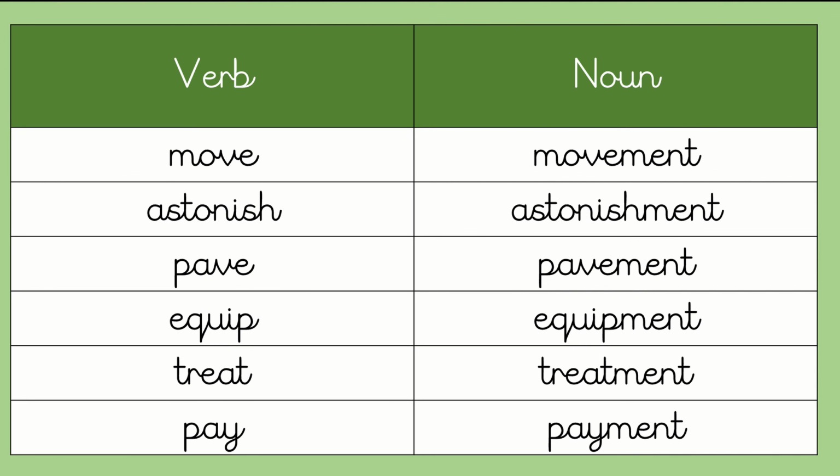Treat is sometimes we talk about treat as in something good that we get, but in this meaning, it means how you treat somebody. It's how you behave towards somebody, and it might be a good way, or it might be a bad way. And we know about paying. Paying is when you give money to buy something.